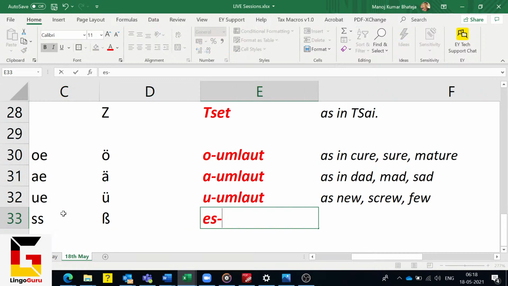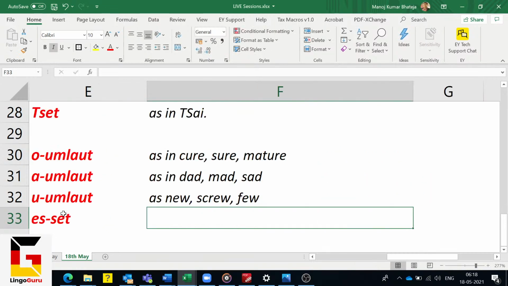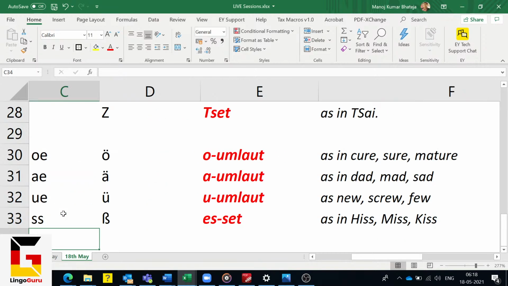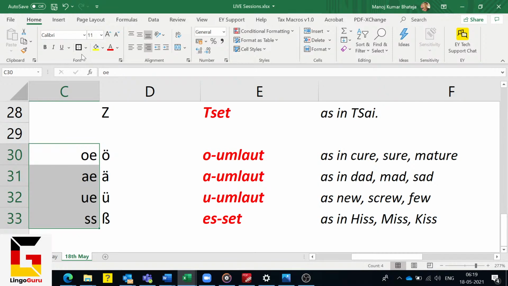It is basically known as S set. We call it S set, and it sounds as in his, miss, kiss, always that sound. Whenever you find this one, you can definitely type double S, or you can write double S. So these are the alternative forms to write these vowels and the special German characters.